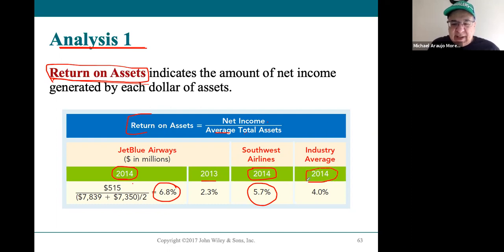Compared to the industry, in this case, the airline industry, look at all the airlines. Their return on assets averaged 4%. As you see, Southwest is flying at a higher altitude here comparatively, and JetBlue is well above 30,000 feet. Okay, they're really flying high. They're doing quite well.